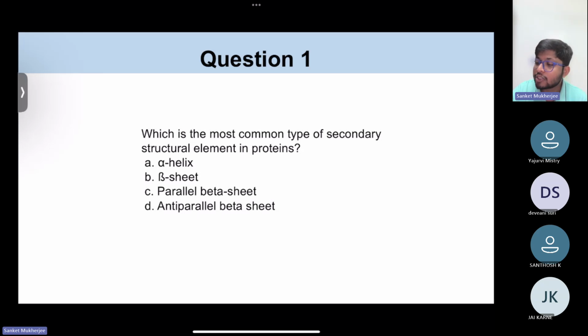So question one: which is the most common type of secondary structural element in proteins? Is it alpha helix, beta sheet, parallel beta sheet, or anti-parallel beta sheet? Anyone would like to answer?